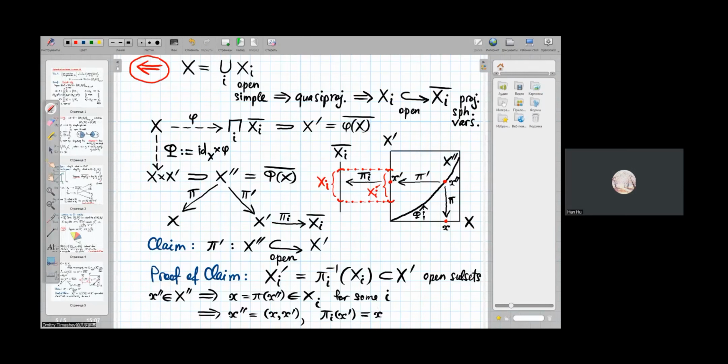So the projection of x prime under this map pi i, under this projection, we get the same point x as here.